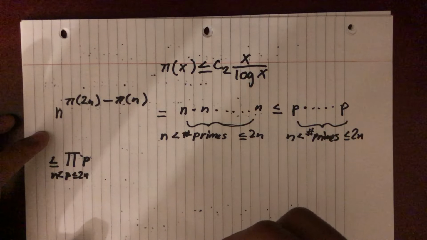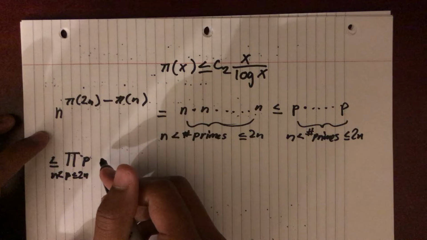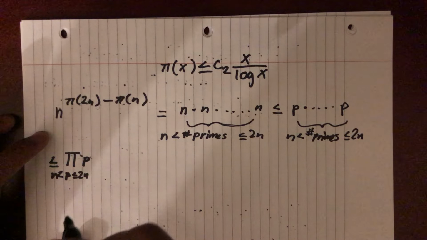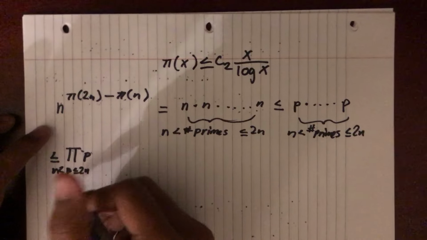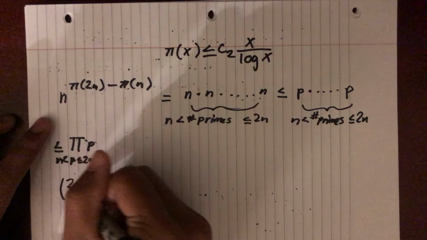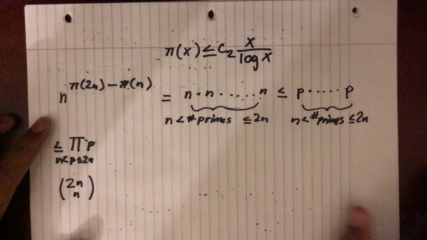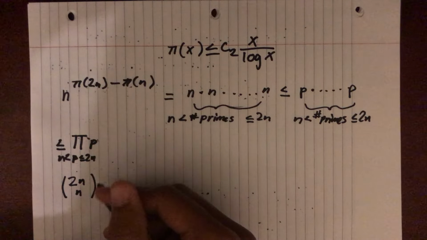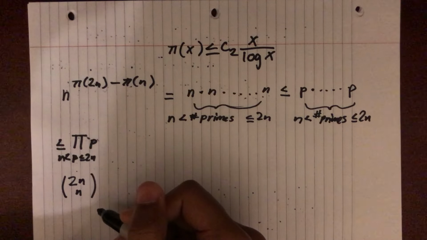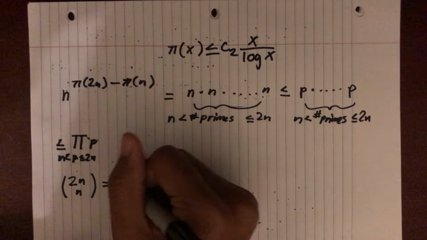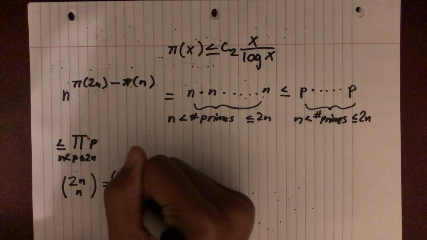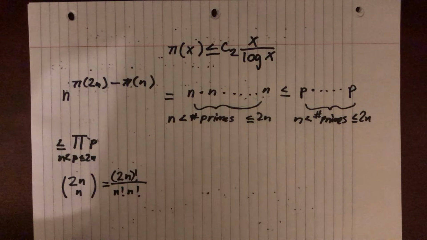And so next we want to keep going with our bounds. If we think about the number 2n choose n, we know 2n choose n is an integer because it's something choose something, and we can write this as 2n factorial over n factorial n factorial.